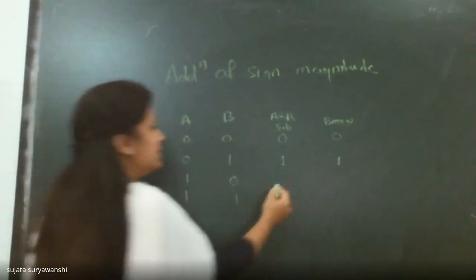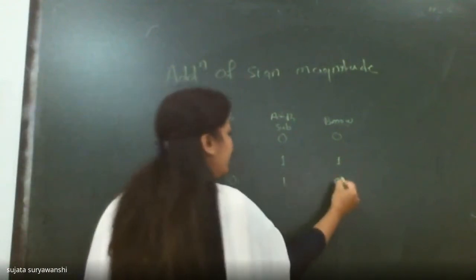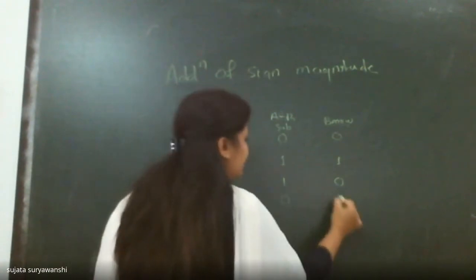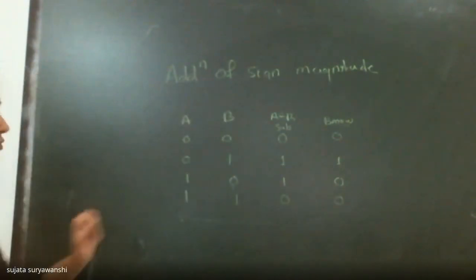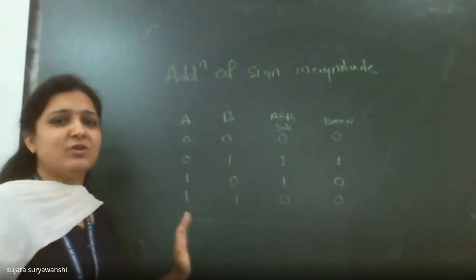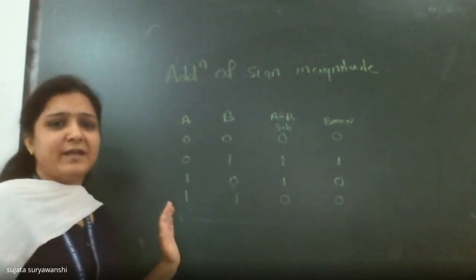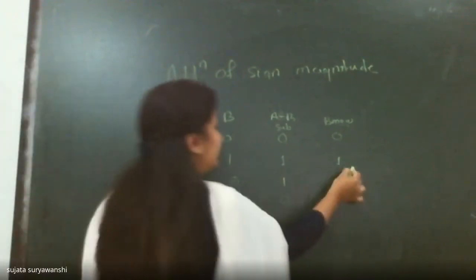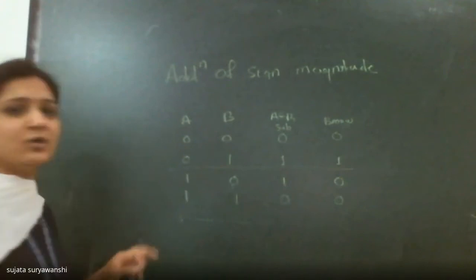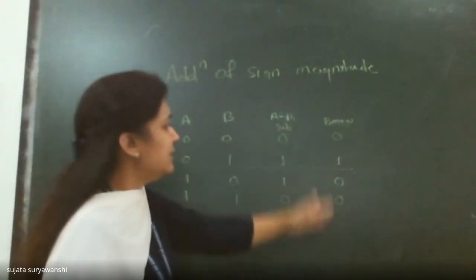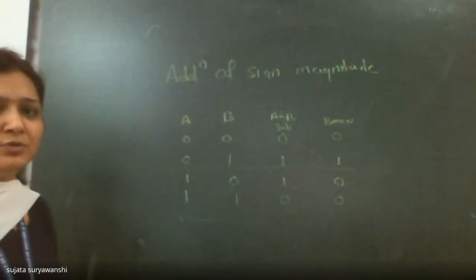Similarly, 1 minus 0 gives 1, borrow 0. And 1 minus 1 gives difference 0 and borrow 0. Just remember these rules, they are very important for binary addition and subtraction. Borrow is generated only when A is 0 and B is 1. In all the remaining cases, borrow is 0.